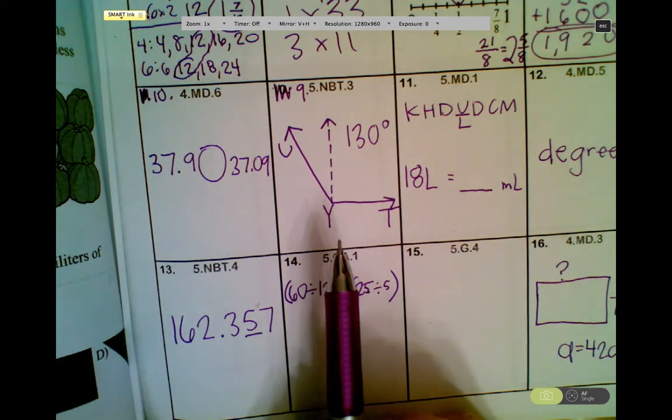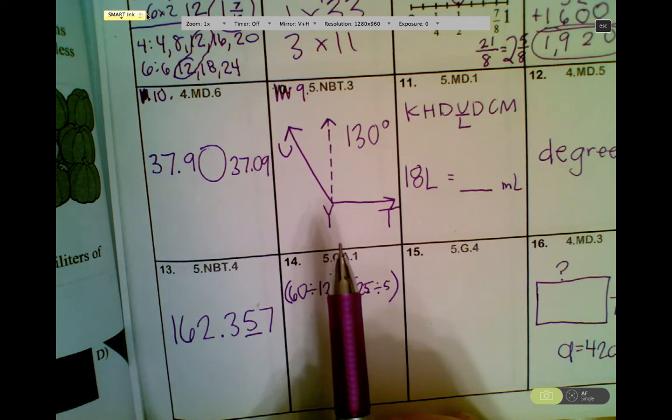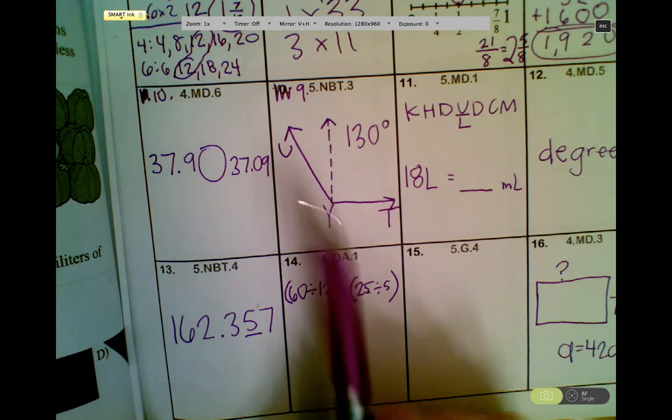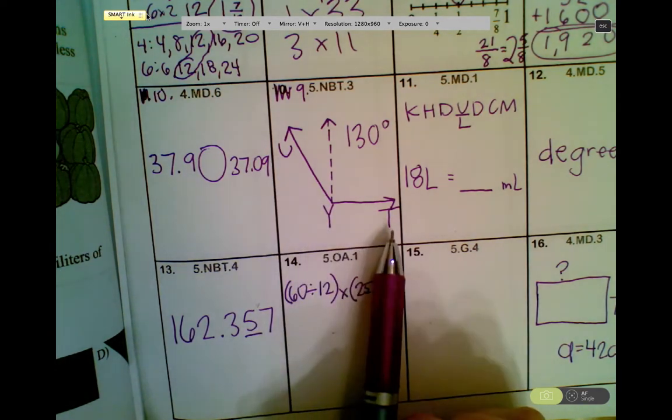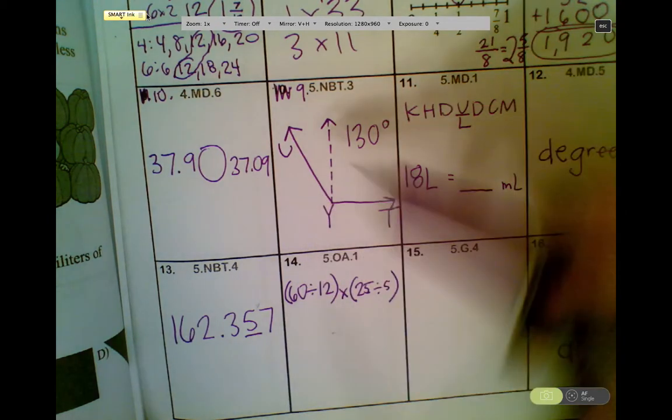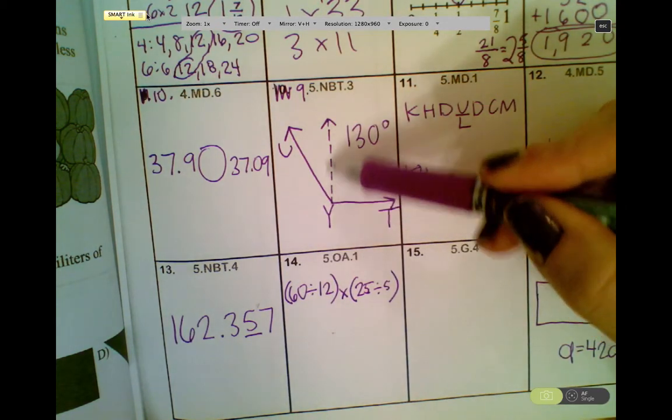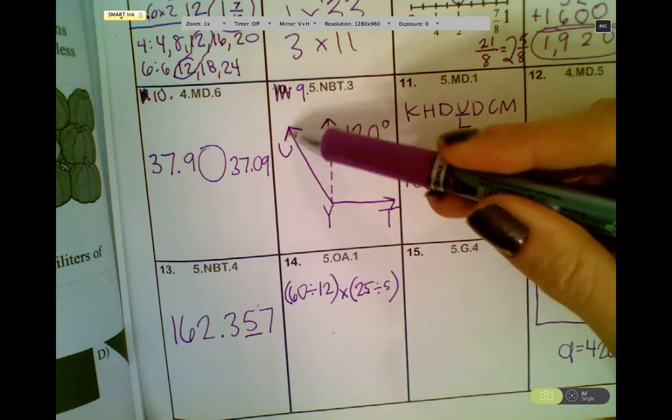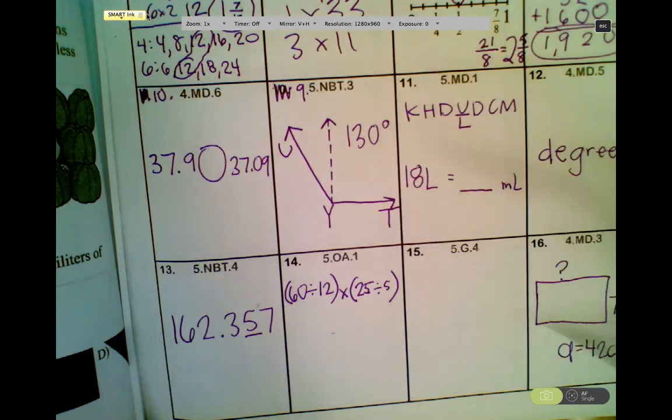Use a protractor to draw a 130-degree angle. Label it UYT. I know that a 90-degree angle would be up from the middle, and 130 degrees is an obtuse measurement.